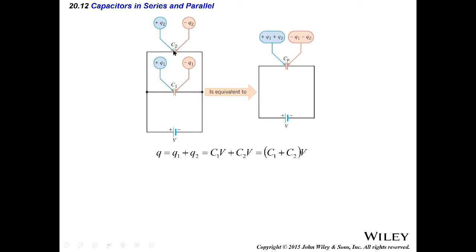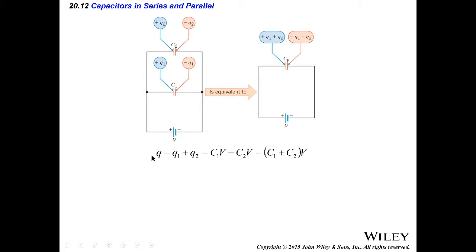Likewise, the voltage across this other capacitor is the same, because it's been connected on this side to this cathode, and this is the anode. Therefore, the total charge on this second capacitor, Q2, is C2 times the same V, because I have connected it on this side to the same battery.